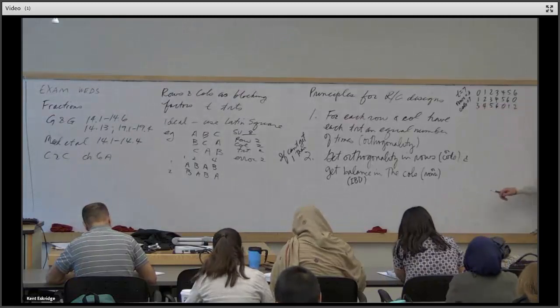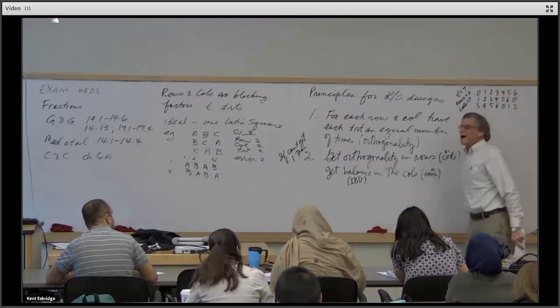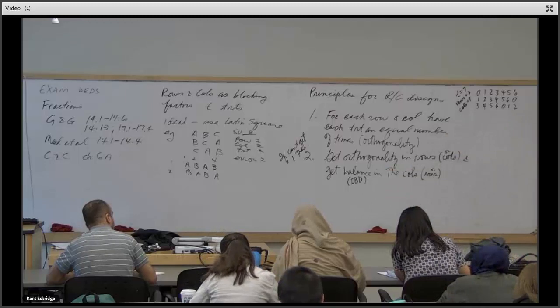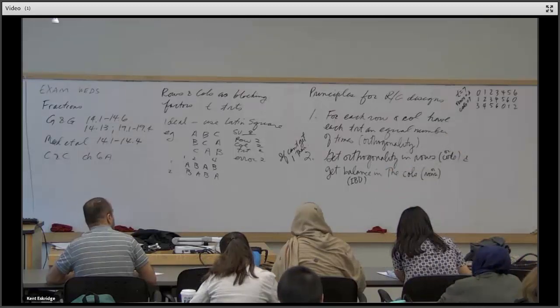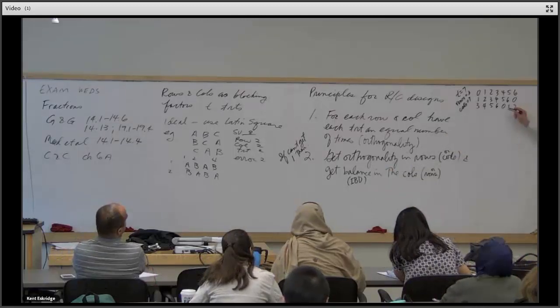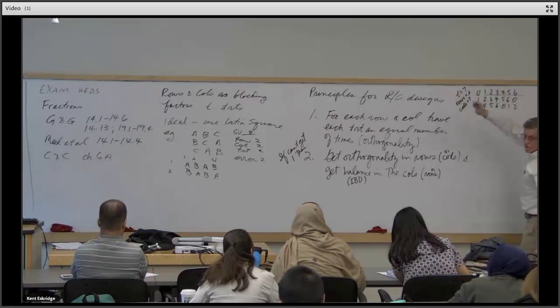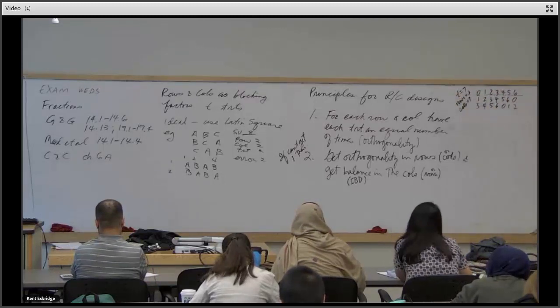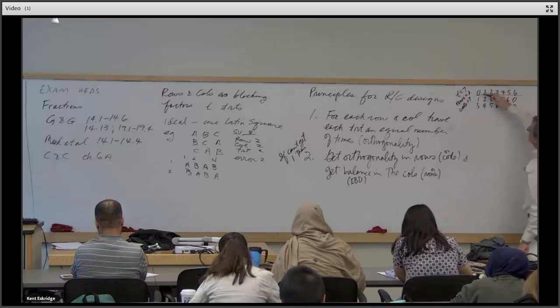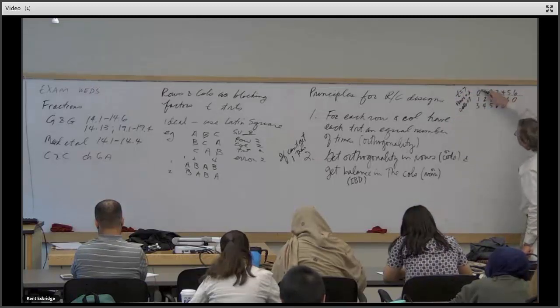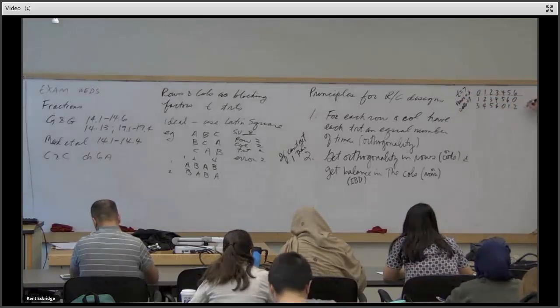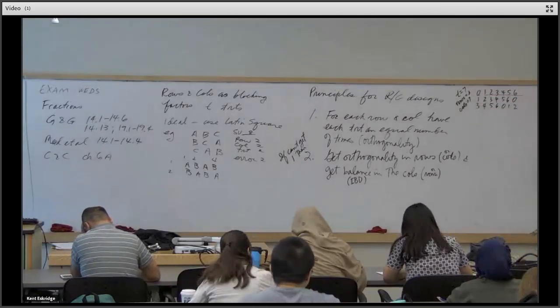Now this turns out to adhere to principle 2. Why? Where's the orthogonality here? The rows. I get the orthogonality in the rows because each treatment appears exactly once, an equal number of times. And what do I get in the columns? I get IBD balance in the columns. This is a BIBD in the columns, right?